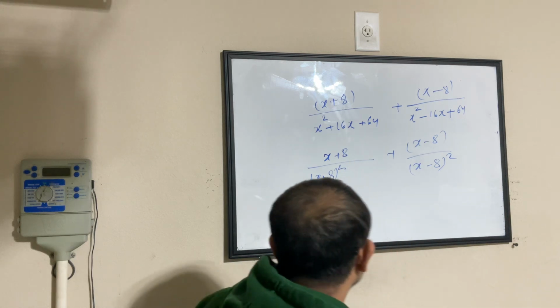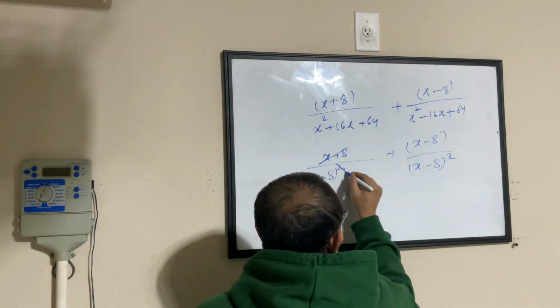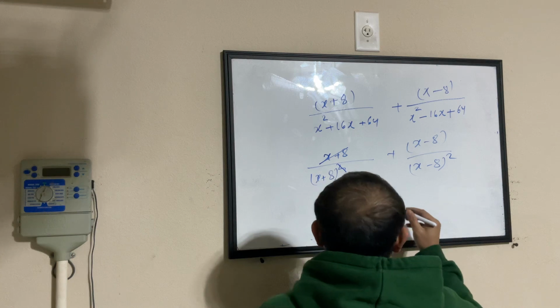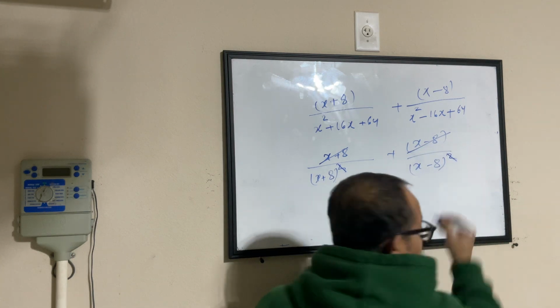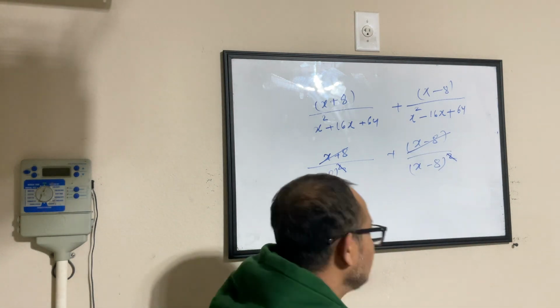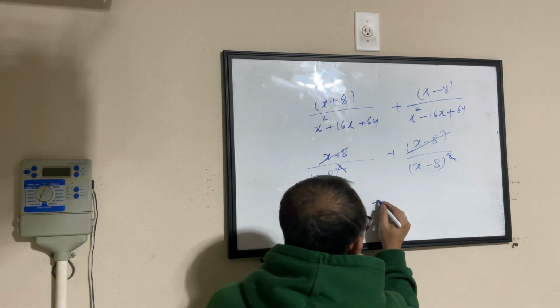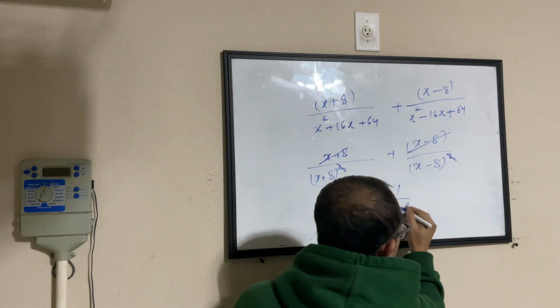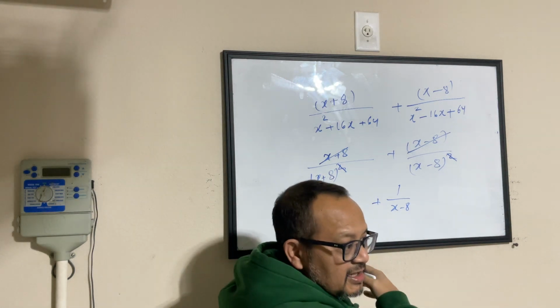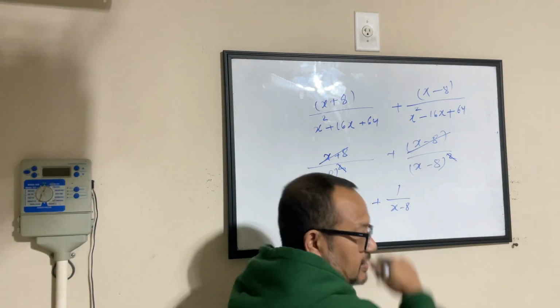If you simplify it here itself, it becomes 1 by x plus 8, plus 1 by x minus 8. Isn't that an easier problem to solve compared to this guy?